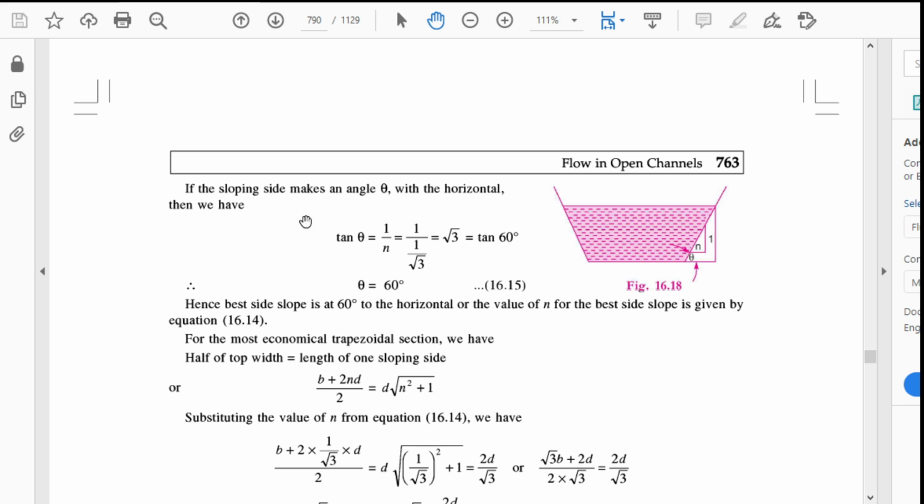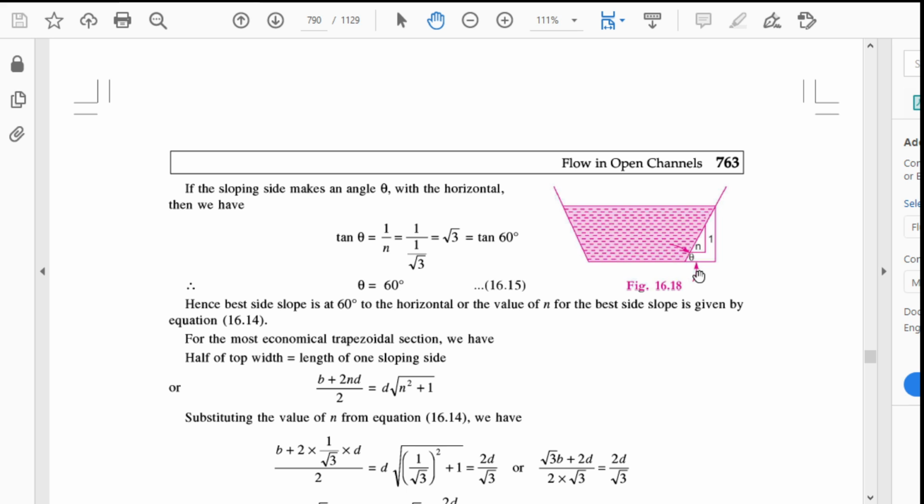If the sloping side makes an angle of theta with the horizontal, suppose this angle is theta, meaning this sloping side makes an angle theta with this x axis, that is horizontal. By using this triangle, we can find tan theta as 1 by n, that is opposite side upon adjacent side.